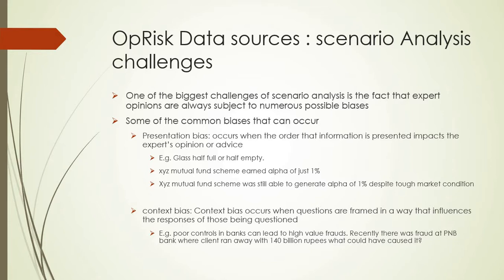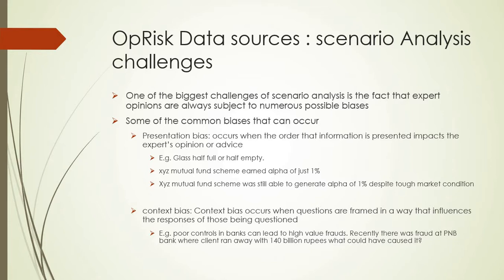Now in this example, it says poor controls in banks can lead to high value frauds. Recently there was a fraud in PNB where a client ran away with 140 billion rupees. What could have caused it?